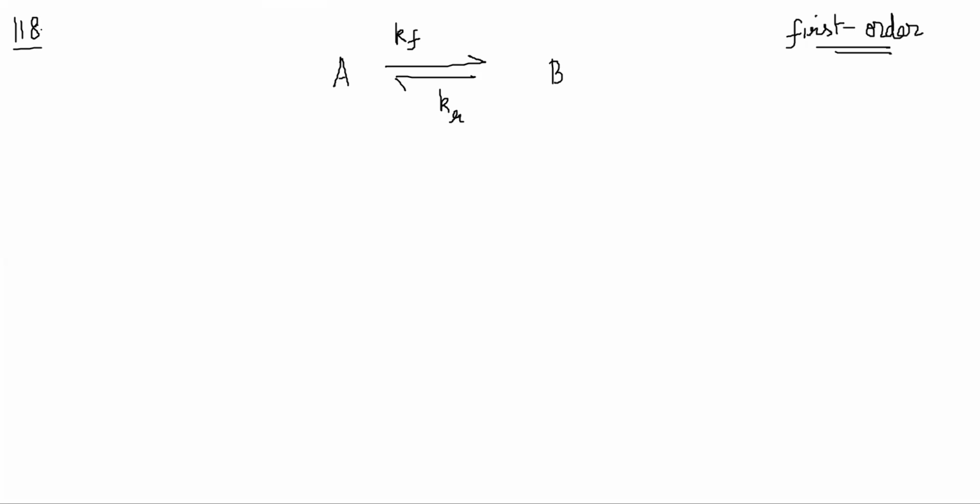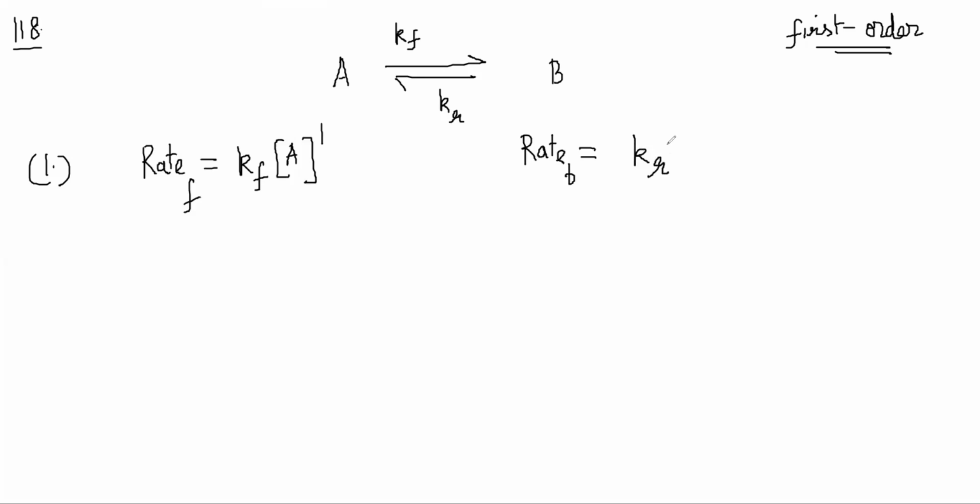So if you think of the rate laws for the forward reaction and backward reaction, the rate law for forward should be equal to Kf into A, power 1, right? Because it is first order. And rate of backward reaction should be equal to Kr into B power 1, right? Because for the backward reaction, this is the reactant, right?